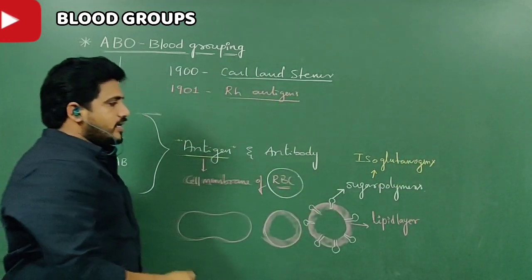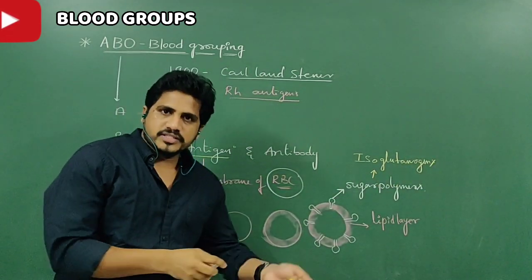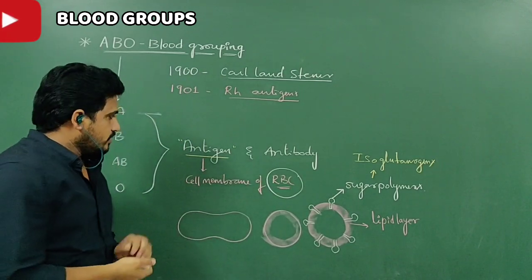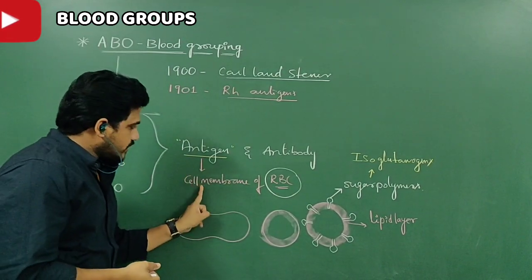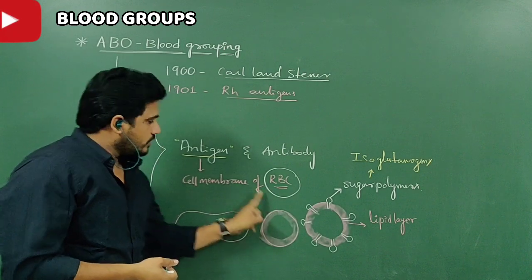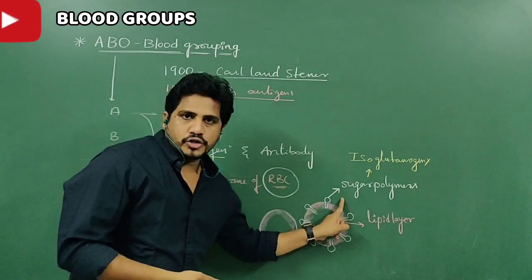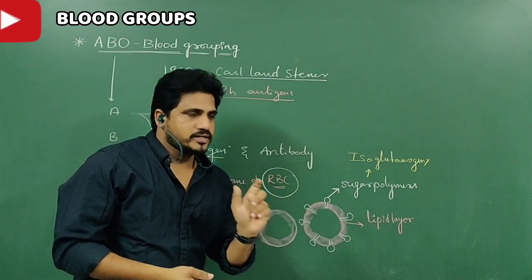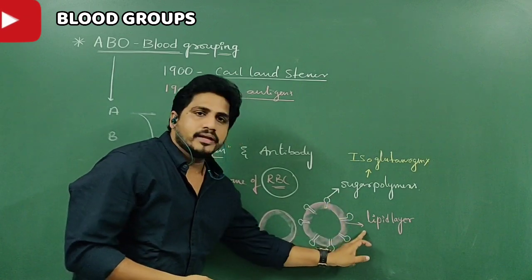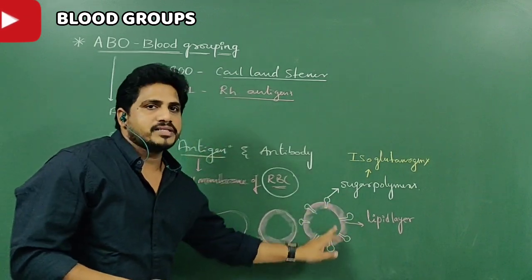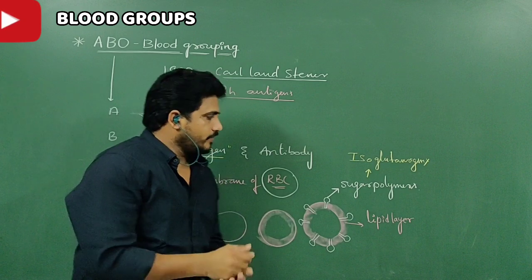Why they are called isoglutinogens, after some time you will come to know. But antigens are present on the cell membrane of RBC. Antigens are generally sugar polymers, carbohydrate components. They are associated with the lipid layer of the RBC, nothing but the RBC cell membrane.